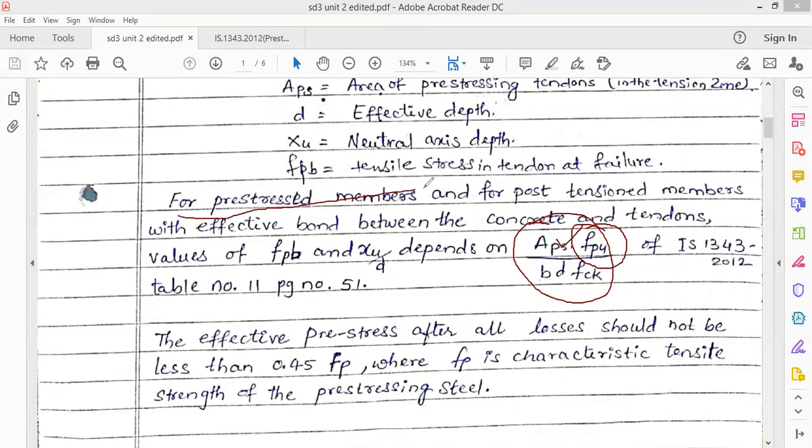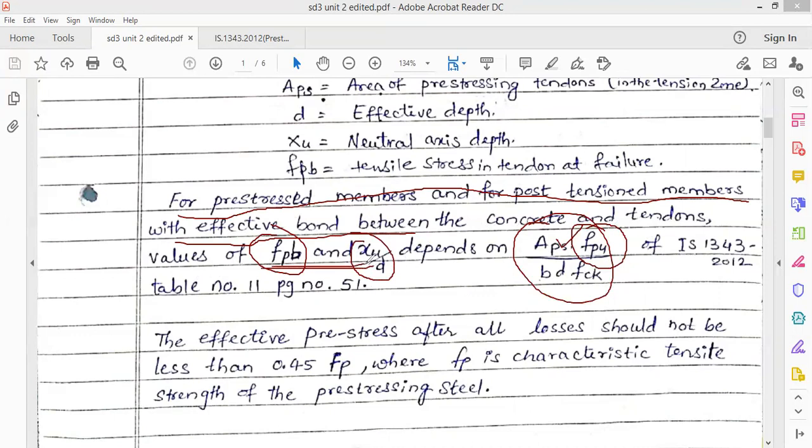As per our syllabus, we are concentrating on the post-tensioned members, so we'll learn here about the calculation of the moment for post-tensioned members. Here we consider effective bond between the concrete and tendon, and we are going to obtain the value of FPB and XU by D.